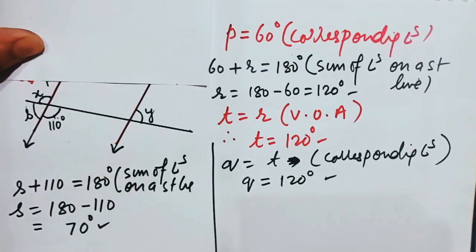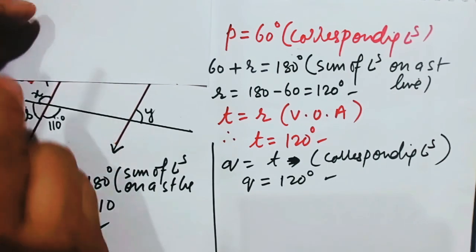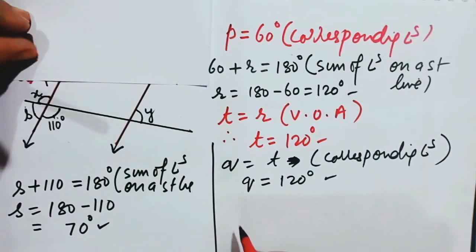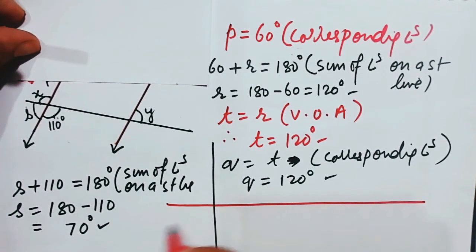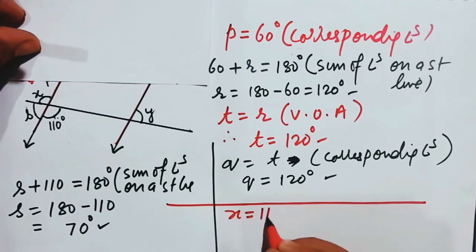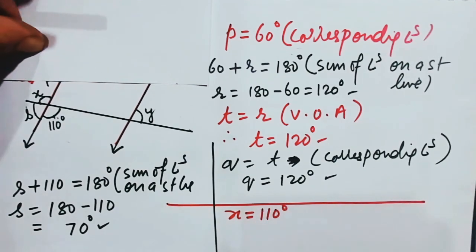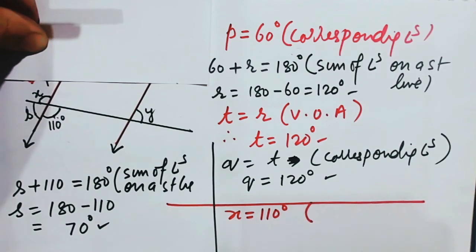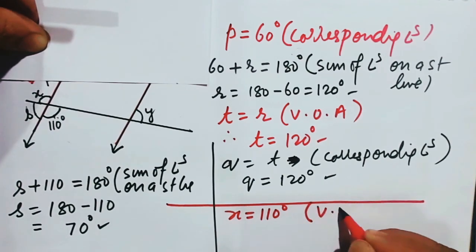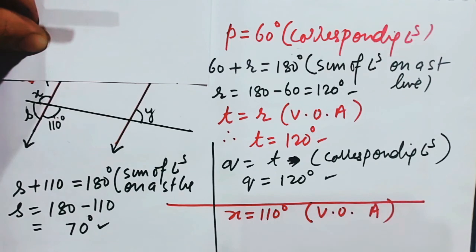What about X? So you can directly write that X will be equal to how much? 110 degree. Why? Because again, as I said, the reason is very important. Vertically opposite angle. So no confusion at all, isn't it?